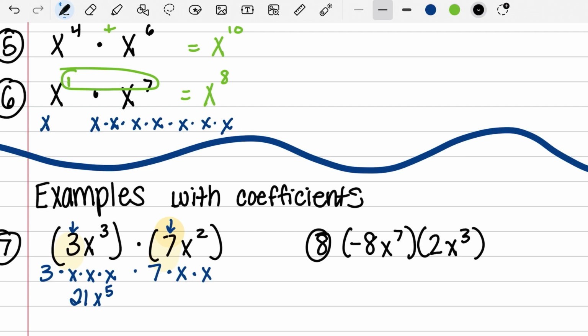All right, let's go over this. So again, first step we want to do is multiply our coefficients. That gives us negative 16, because we have that negative, x, and then remember product rule tells us we're going to add these exponents, x to the power of 10.